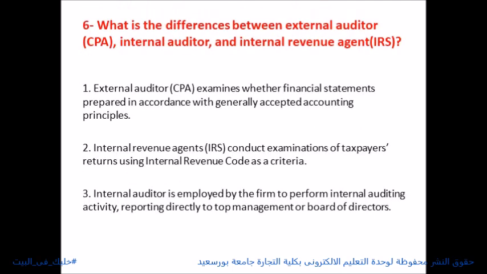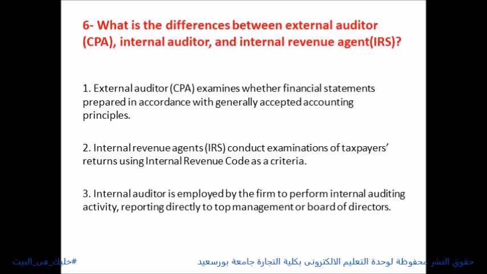Number 6. What are the differences between external auditor or CPA, internal auditor, and internal revenue agent? Number 1. External auditor or CPA examines whether financial statements are prepared in accordance with generally accepted accounting principles. Number 2.